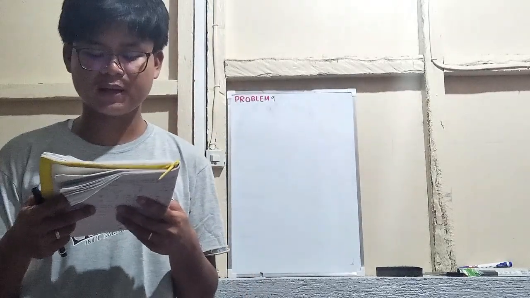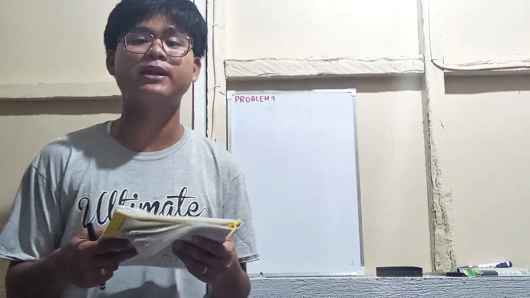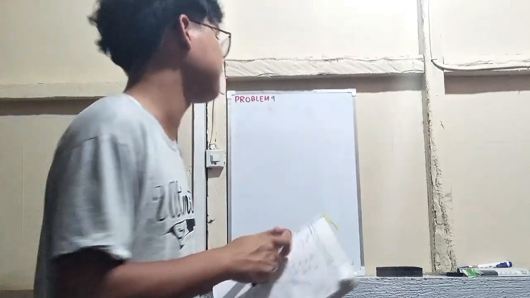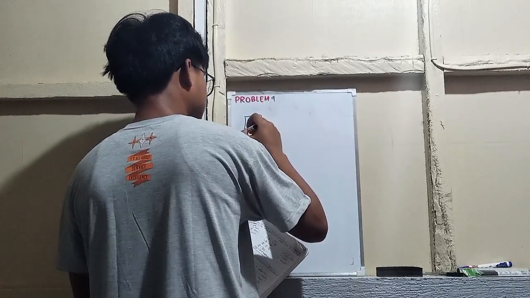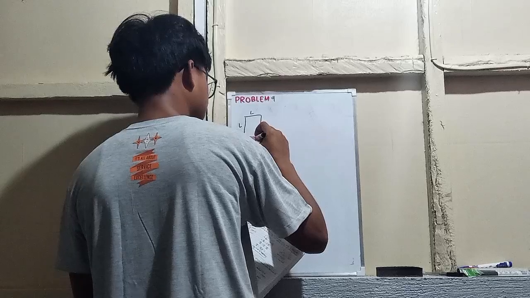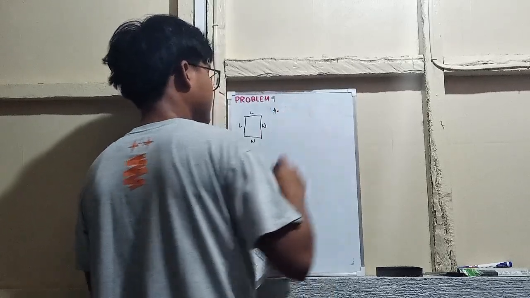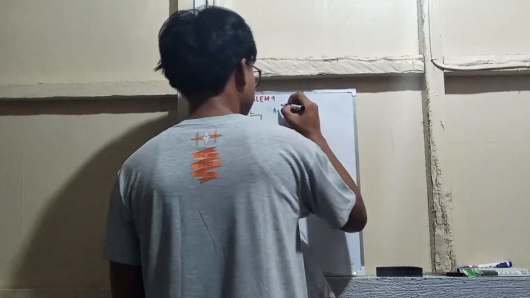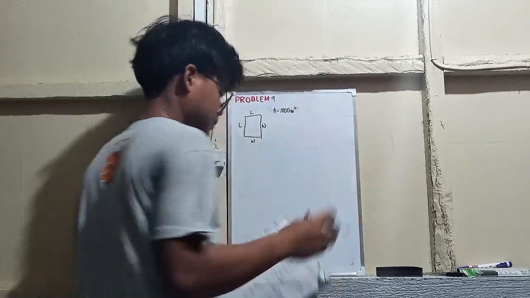Minimize the fencing needed for a rectangular playground with an area of 1,000 square meters. So first we'll draw the problem. So, rectangular playground, L, W, L, W. And our given in this problem is the area as 1,000 square meters.